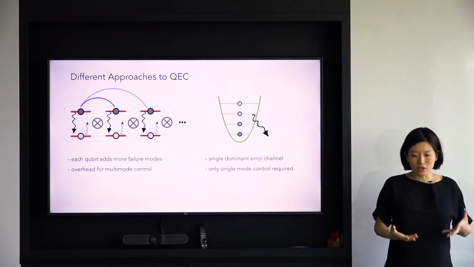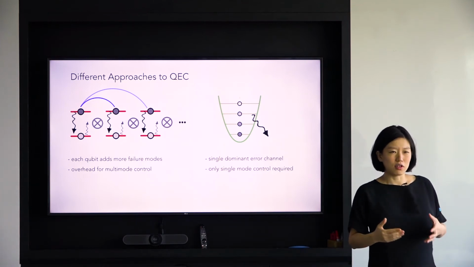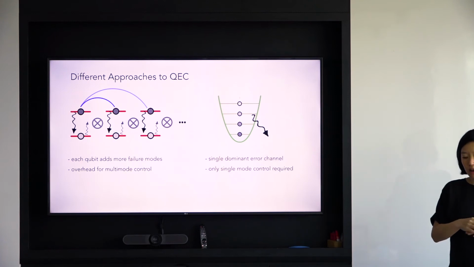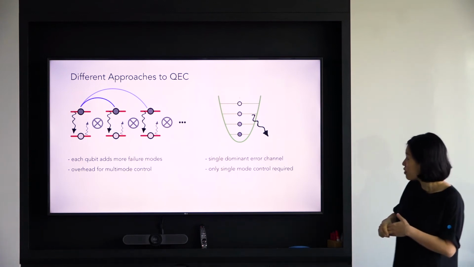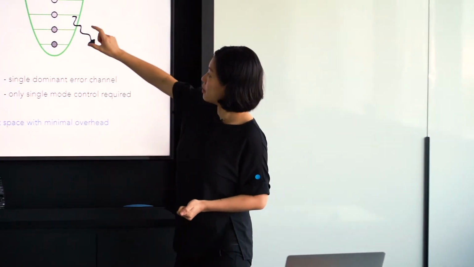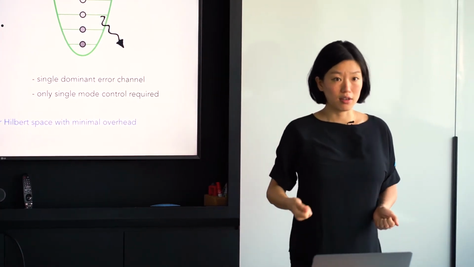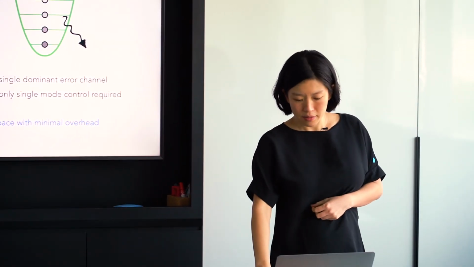So that's naturally a little bit more efficient in terms of just building things and also in terms of introducing additional errors, right? So this is what we call a more hardware efficient approach because we're gaining in these accessible levels without adding too much overhead in the control and in the errors.